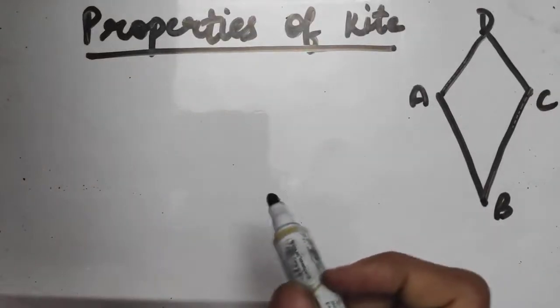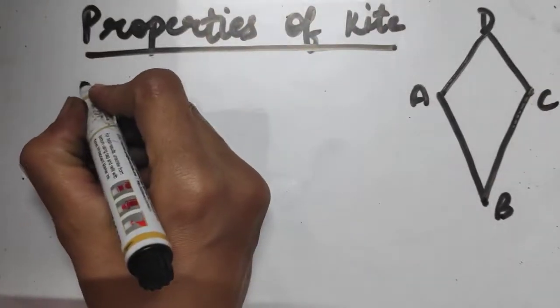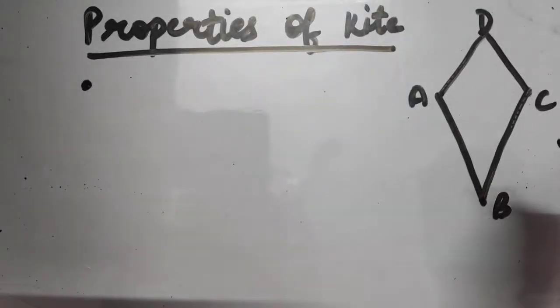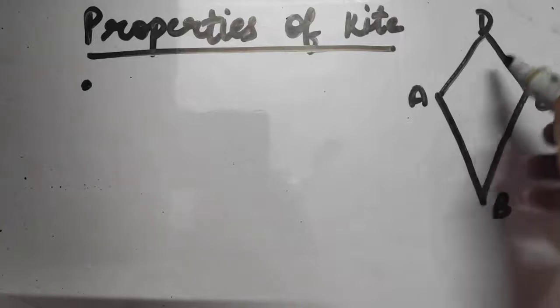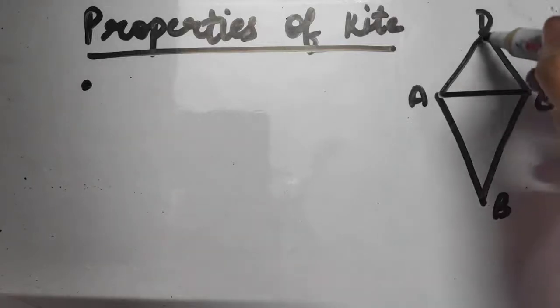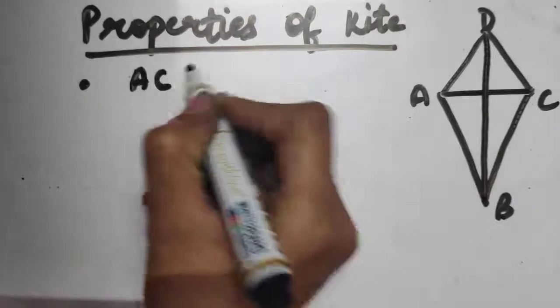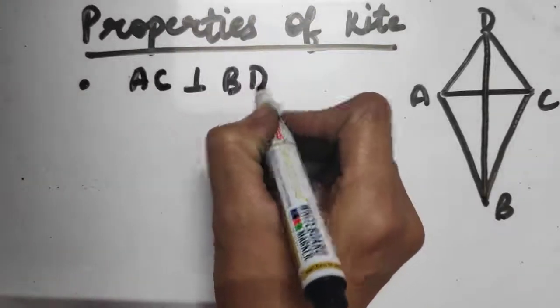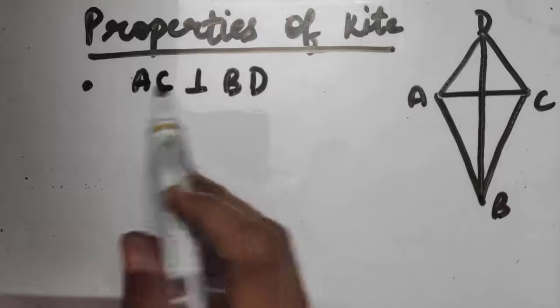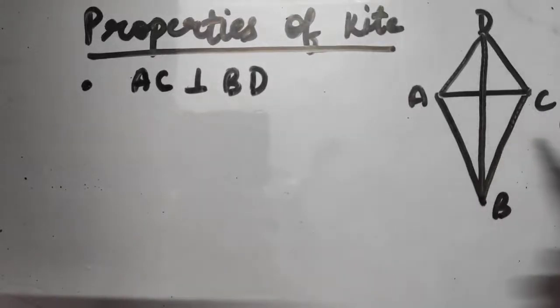The very first property of a kite is the diagonals of a kite intersect at right angles. It means AC is perpendicular to BD.